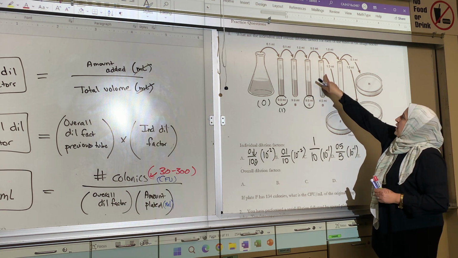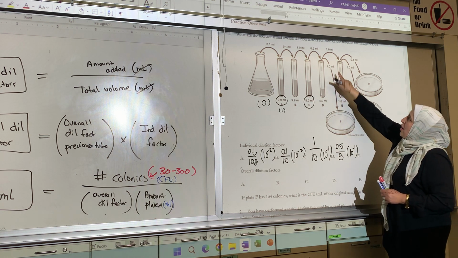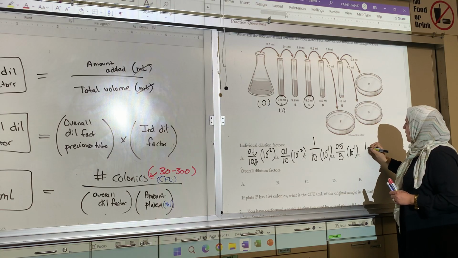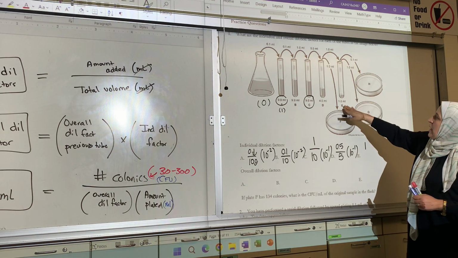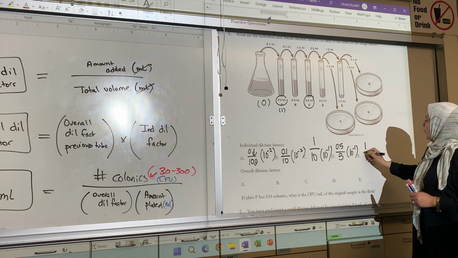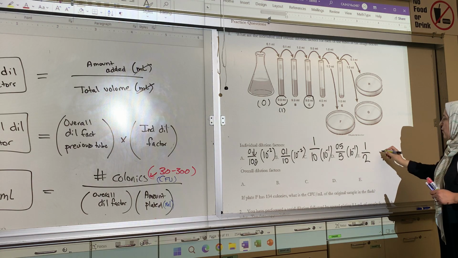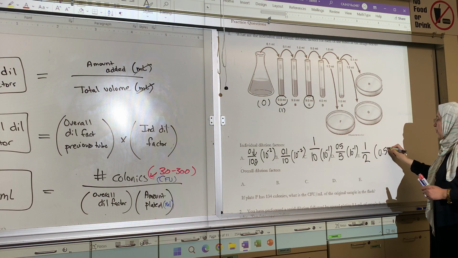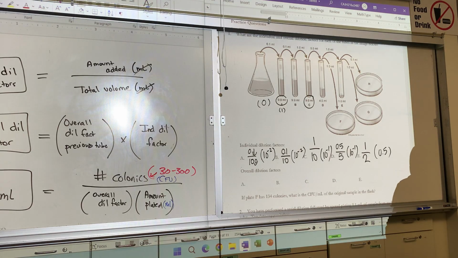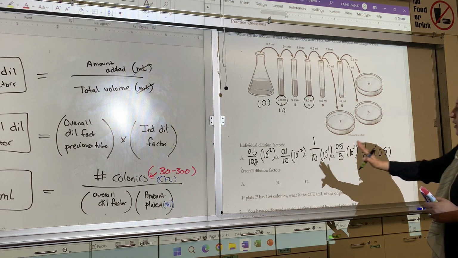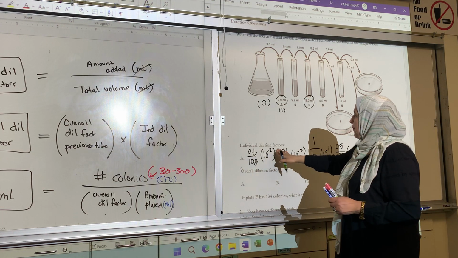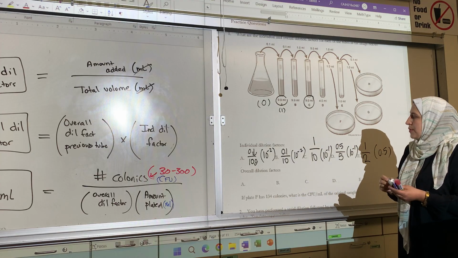And then we do something really funny here in tube E, where we transfer over 1 ml of liquid into 1 ml of liquid for a total of 2. So this is a 0.5 dilution, okay? Okay, and that gives us our individual dilution factors for all of our tubes, okay?